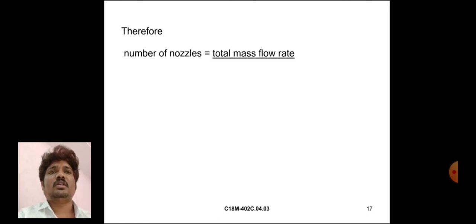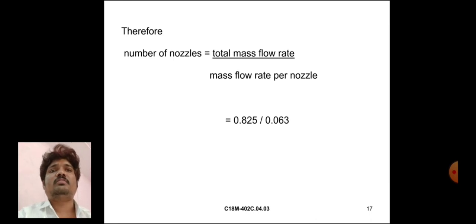Therefore, number of nozzles is equal to total mass flow rate by mass flow rate for nozzle.